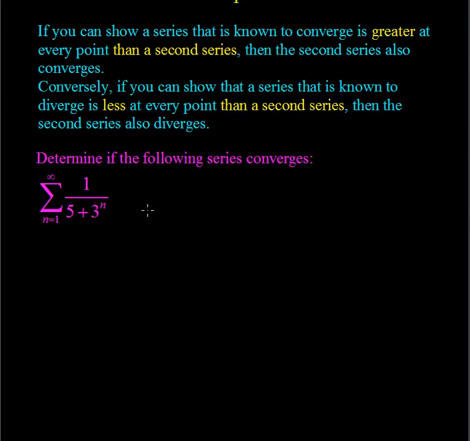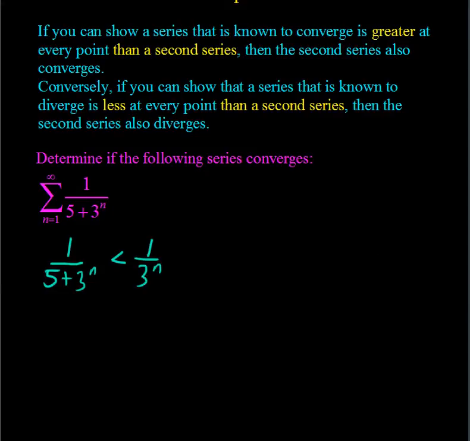Now, if you look at this series, it would look very similar to 1 over 3 to the n. But I would know, in fact, that this series is always smaller than 1 over 3 to the n.